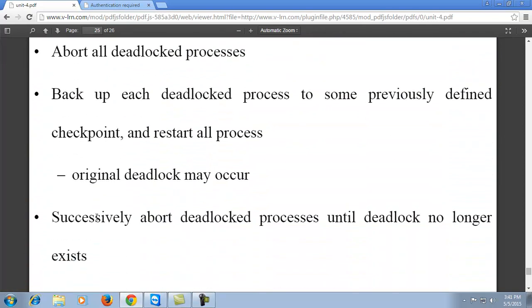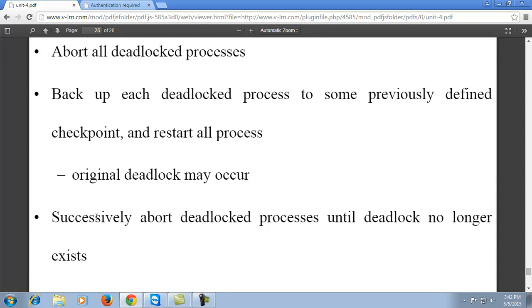In this, we identify all deadlocked processes, which are the causes and which are in a deadlock state. Next is back up each deadlocked process to some previously defined checkpoint and restart all processes. Originally deadlock may occur. Next, successively terminate deadlocked processes until deadlock no longer exists in the system.